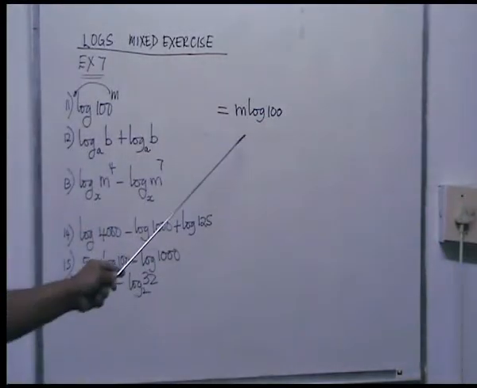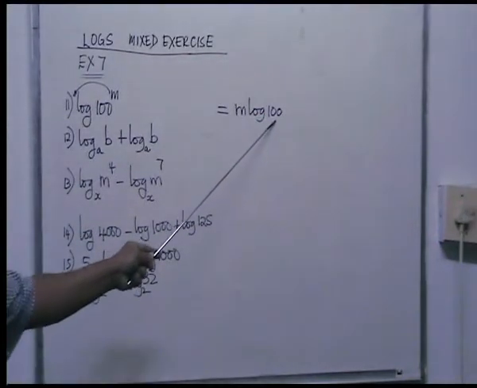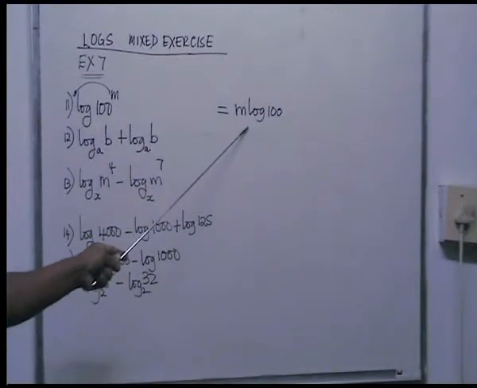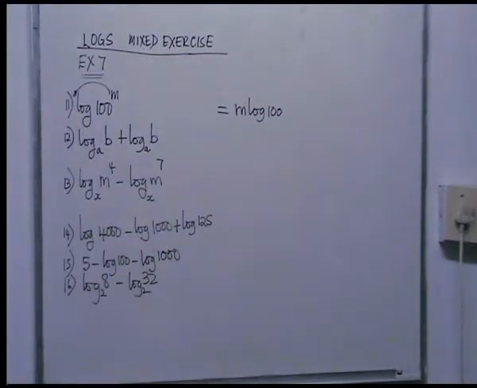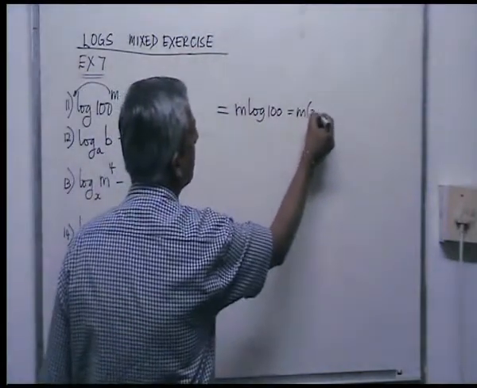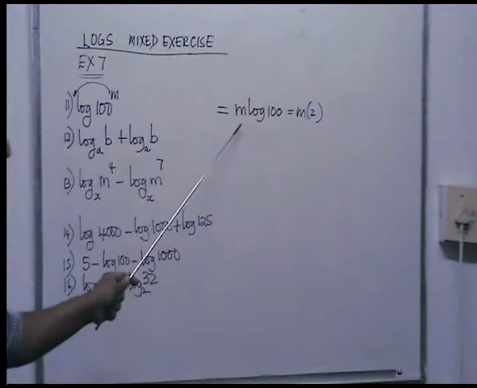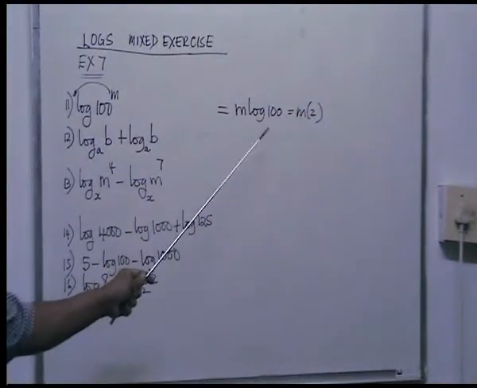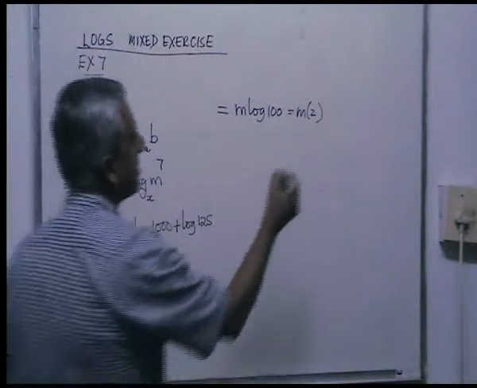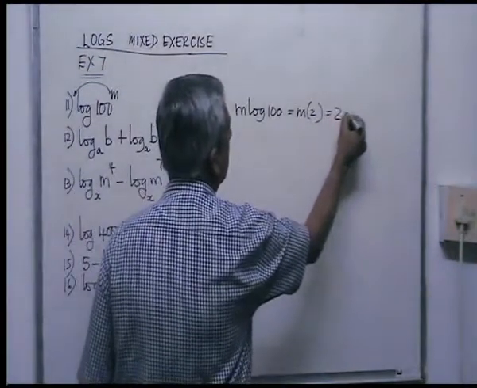Now, log 100, you can get that answer from the calculator. You'll get m times 2, which is 2m.